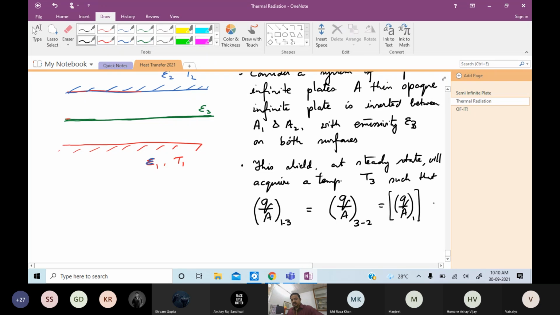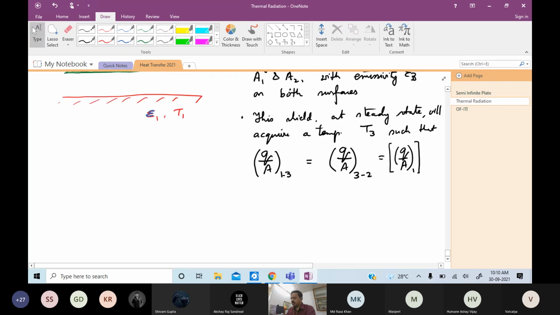So what can I write? Therefore, Q over A from 1 to 3: again, two infinite parallel plates separated by a distance, one at T1, the other at T3. I don't know what T3 is, but I can write exactly this.